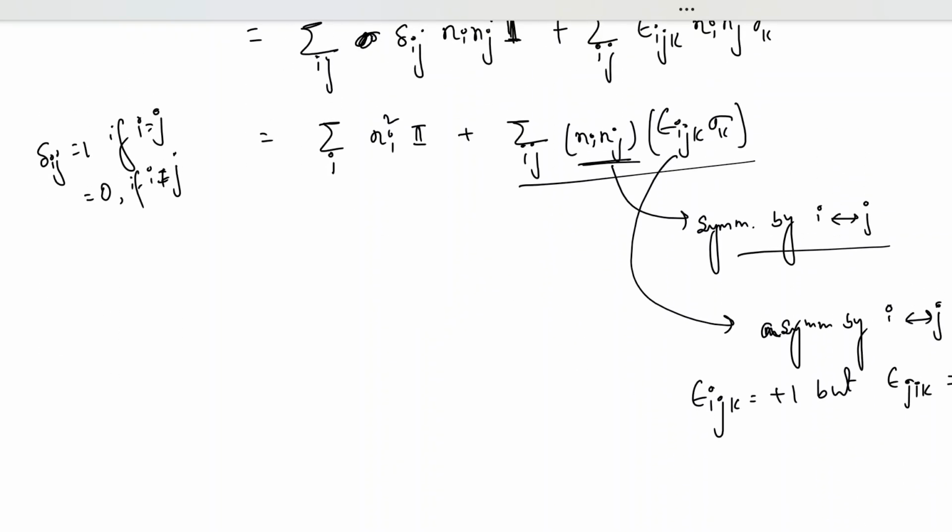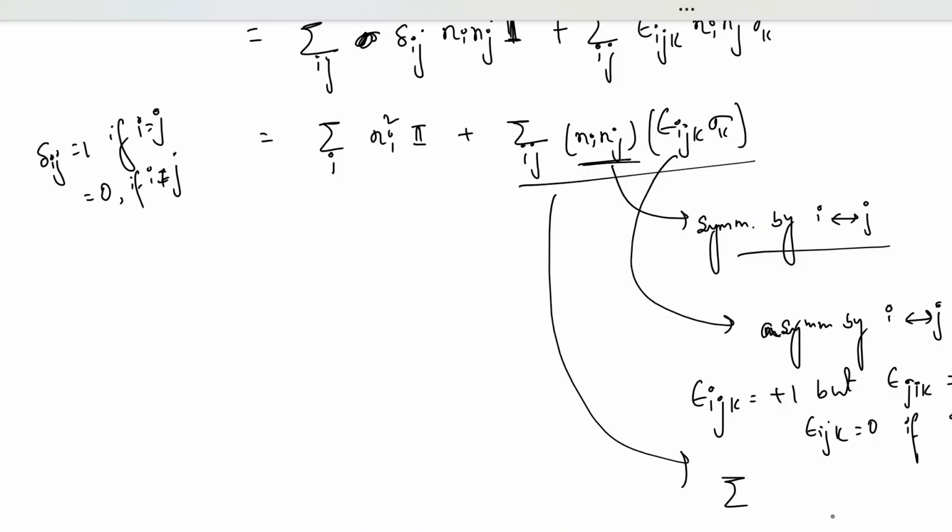So by that you know the second term, if you try to write it down in a summation form, let's say for simplicity, also epsilon ijk equals 0 if any two of the indices are equal: if i equals j, or j equals k, or i equals k, or all of them are equal.